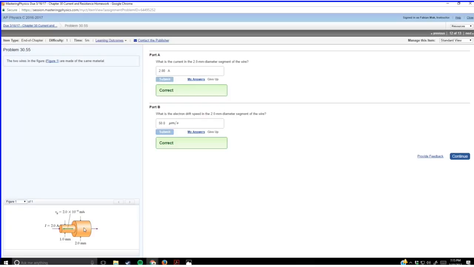So if the current changed, okay, let's say you have 2 amps going in here, and you had 1.5 amps coming out. Where would that extra 0.5 amps go, right?